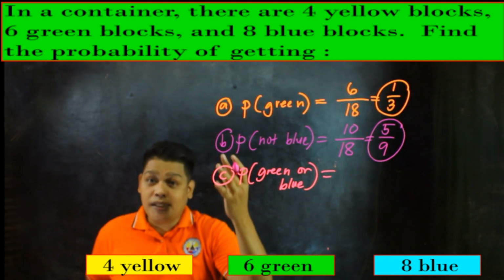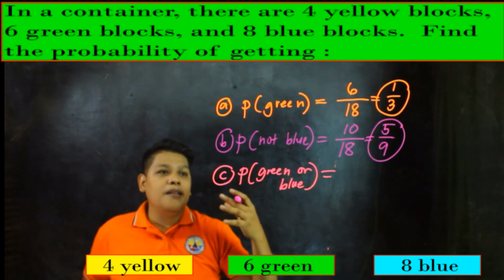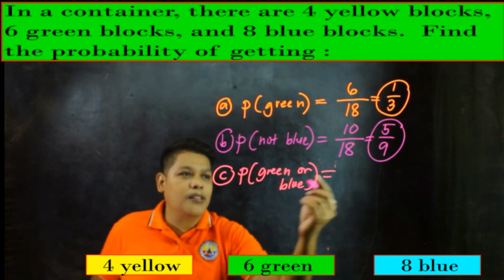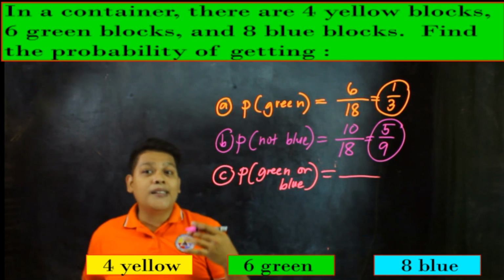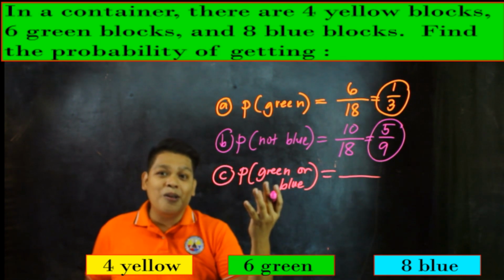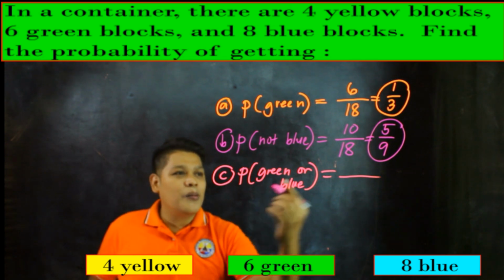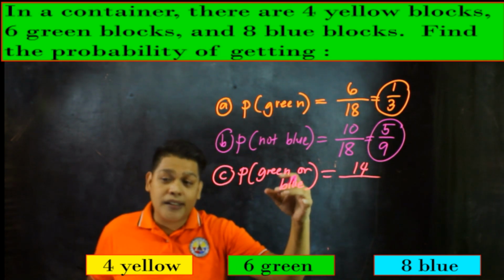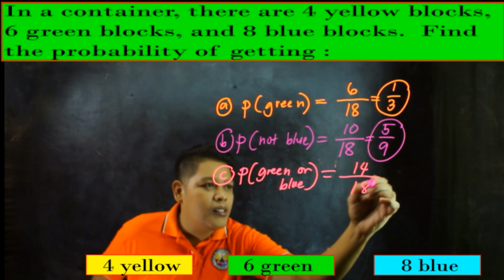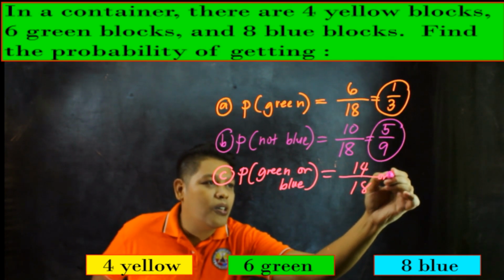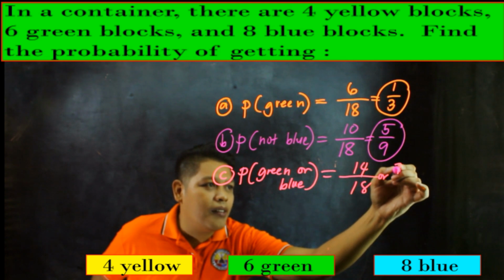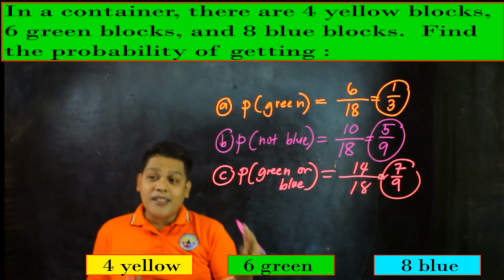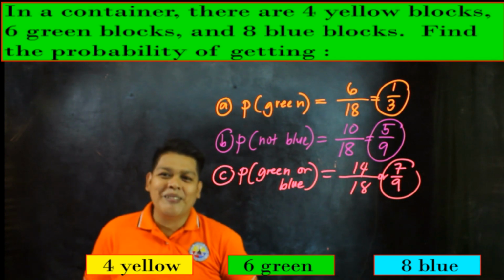We have 6 green blocks and 8 blue blocks. So 6 plus 8 will be 14 over the total, the sample space, which is 18. So in lowest terms, we have 7 over 9. So these are the answers.